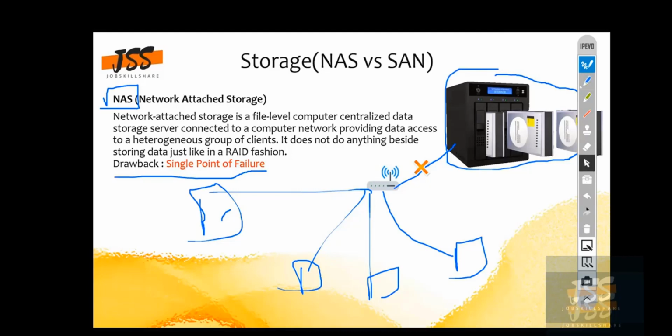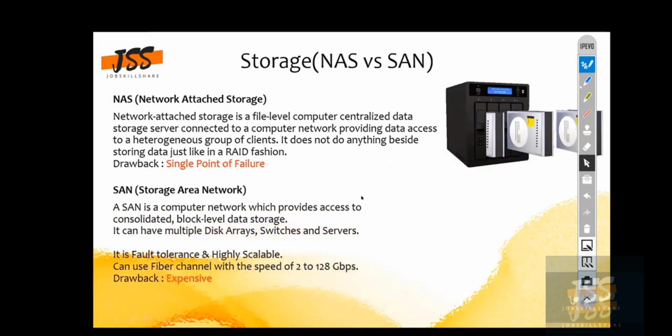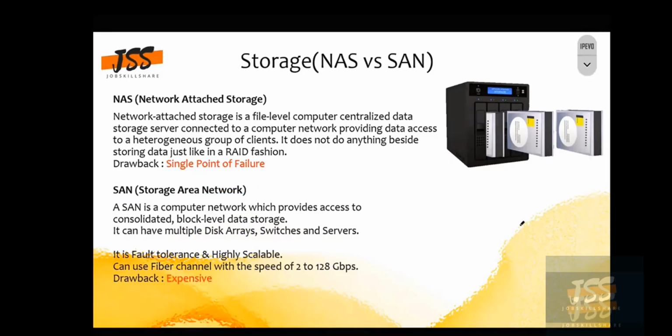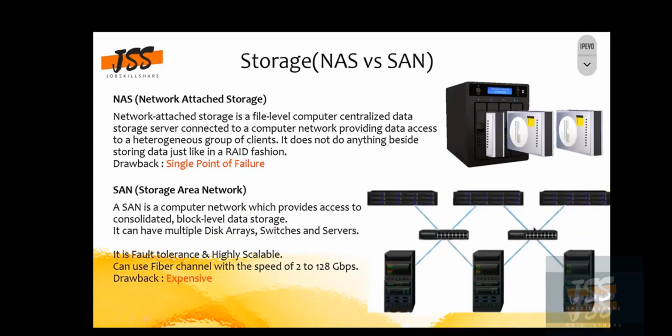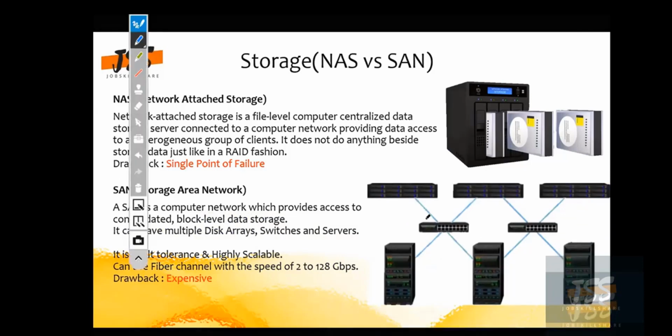But in production environments, most of the time the storage concept that is used is SAN, storage area network. It looks like this: these are normal switches, these are the servers, and then these are the SAN devices.